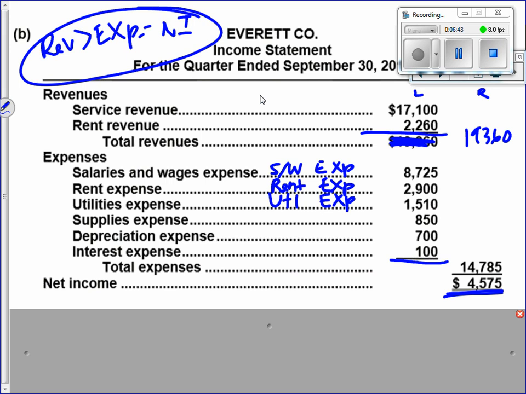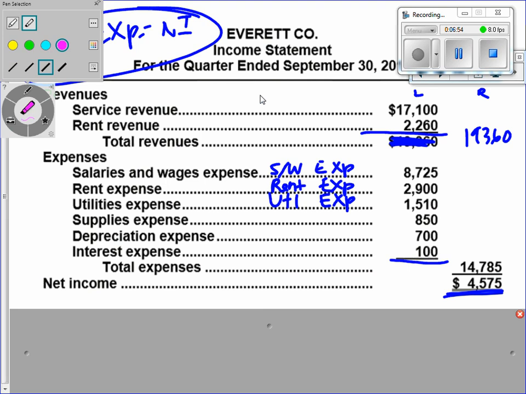So, out of everything you see on that page, which number are you going to highlight? 4575, because that's going to be sucked out of this and brought to our next statement.